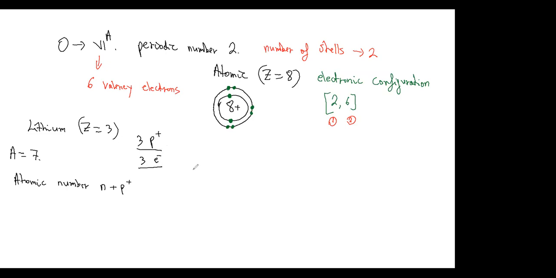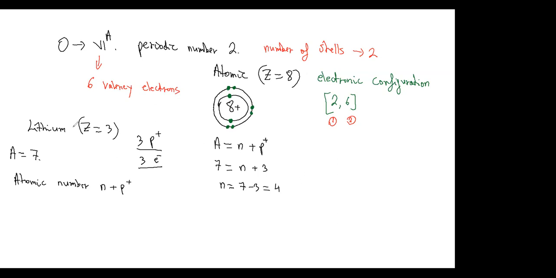So for this, we can say that A is equal to N plus protons. If the atomic mass is 7, the neutrons can be found because the atomic number is 3. So the neutrons are equal to 7 minus 3, which makes 4 neutrons.